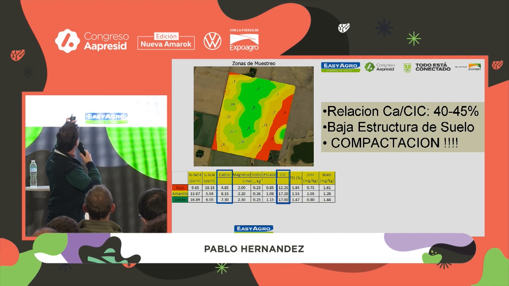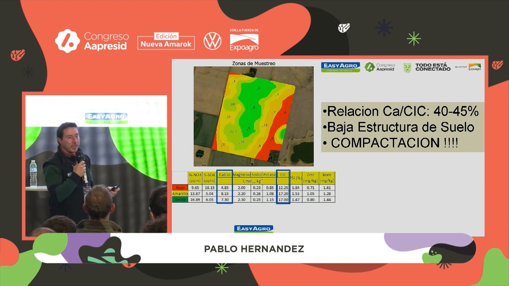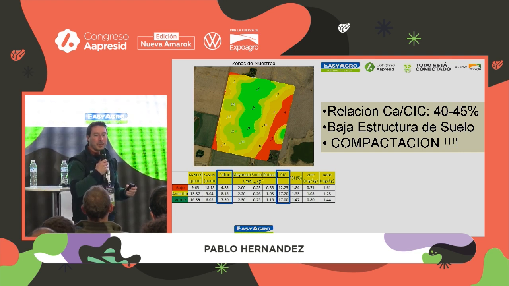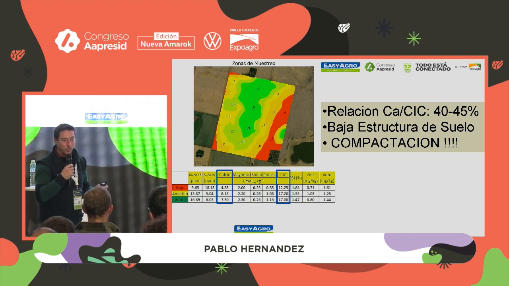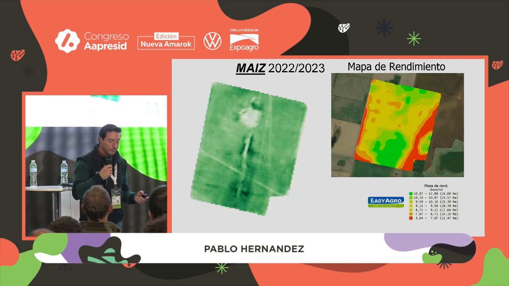These are pH levels. The calcium and the cation exchange capacity was between 40 and 45%. It was not saturated with calcium.